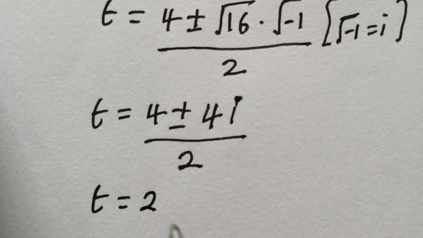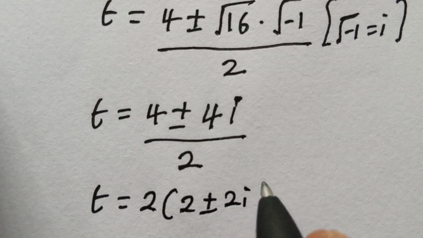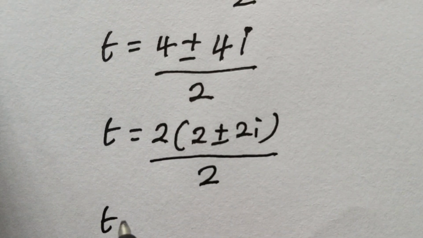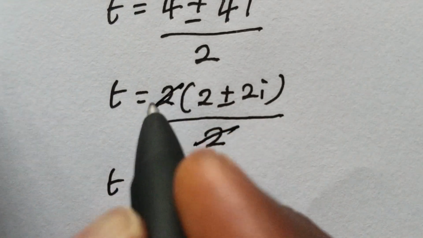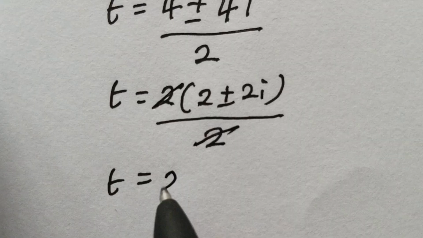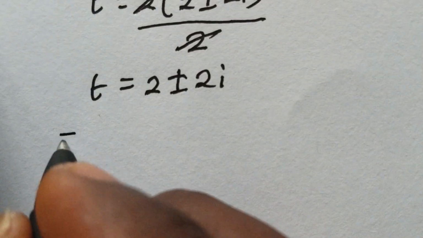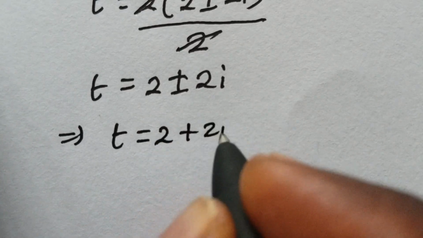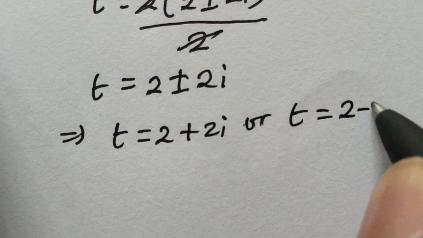So that will be 2 times (2 plus or minus 2i), divided by 2. T is equal to, clearly, 2 cancels 2. We are left with 2 plus or minus 2i. This implies that t is either equal to 2 plus 2i or t equal to 2 minus 2i.